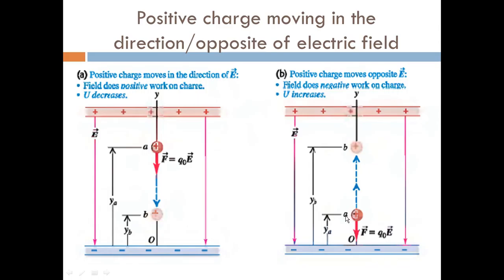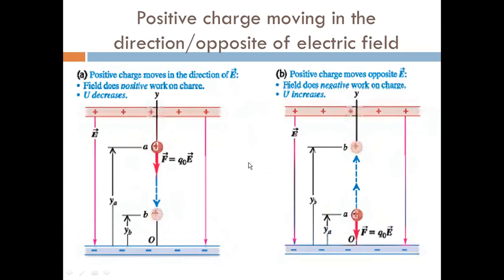As the object goes up, it moves from point A, which is of a lower elevation, to point B, which is of a higher elevation. Thus, as the object goes upward, what happens to the gravitational potential energy? The gravitational potential energy actually increases.